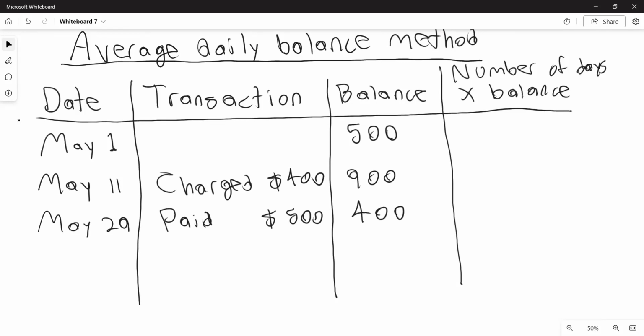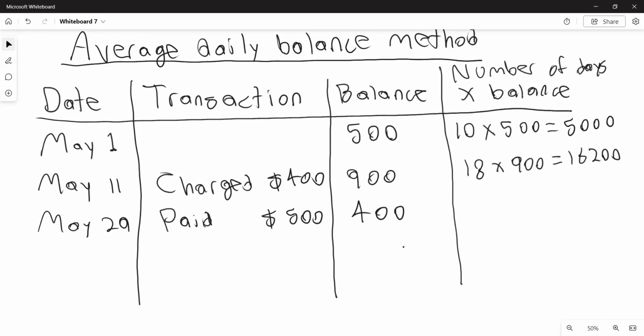So it was 10 days with a $500 balance. 18 days with a $900 balance. And May has 31 days. So there was May 29, 30, and 31. That's 3 days with a $400 balance.